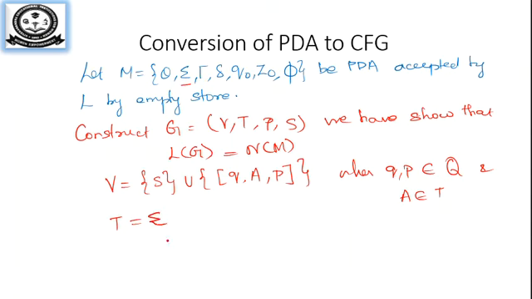So we are able to know the non-terminals, terminals and the start symbol from the PDA. The only thing we have to find here is the production rules. So the rules in the production must be found out.